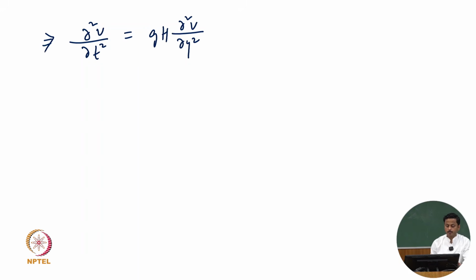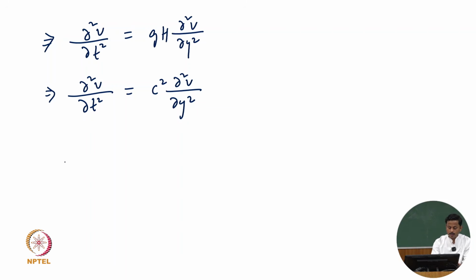From 4 and 5, we get del squared v del t squared is equal to gh del squared v del y squared, and this can be represented as del squared v del t squared is equal to c squared del squared v del y squared, where c is equal to root gh.